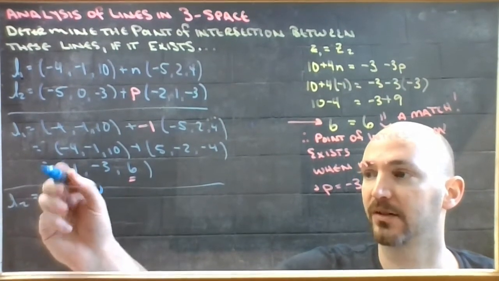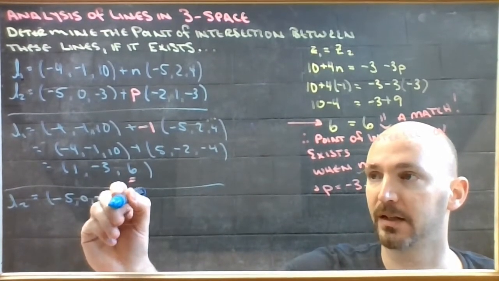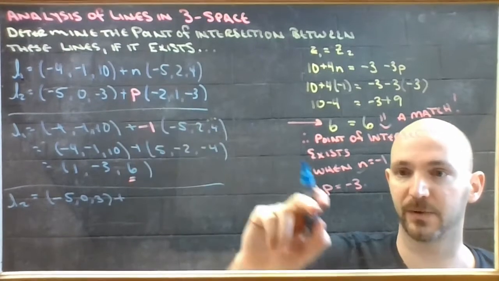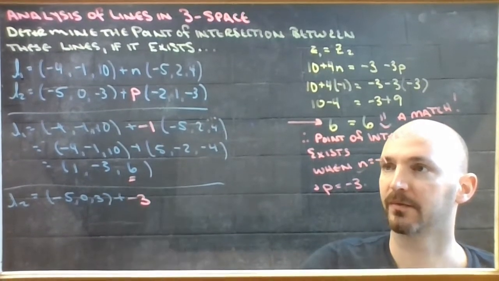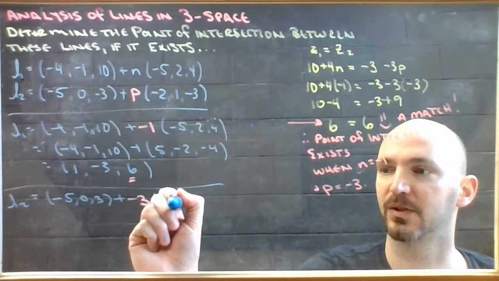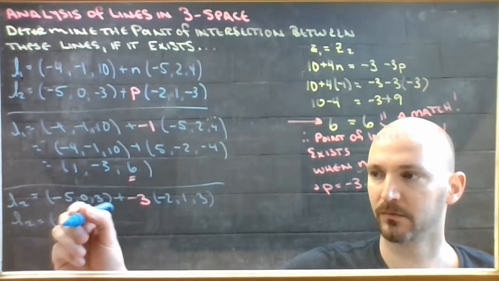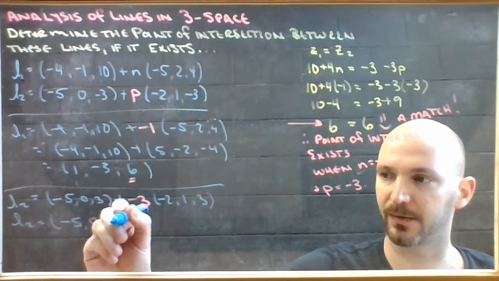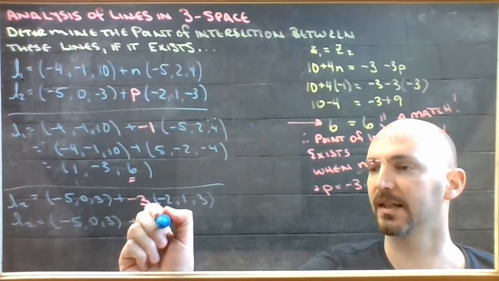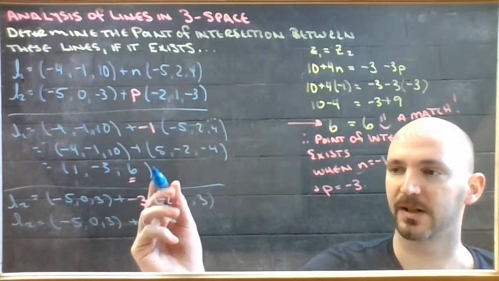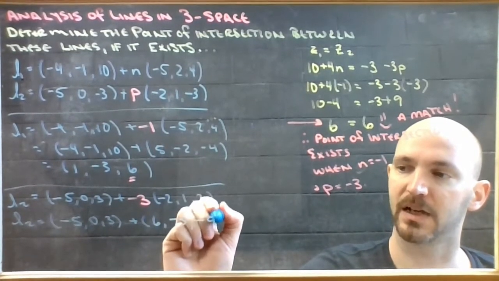If I chose L2 instead, -5, 0, 3 plus, and the p-value is -3 at the point of intersection of these things, -2, 1, 3, minus 5, 0, 3, plus -3 times -2 is a 6, -3 times 1 is a -3, and -3 times 3 is a -9.